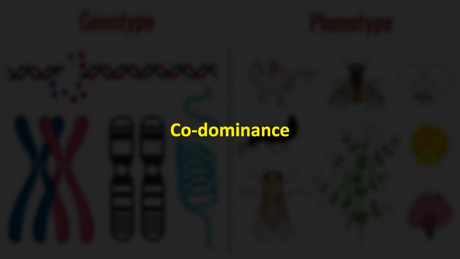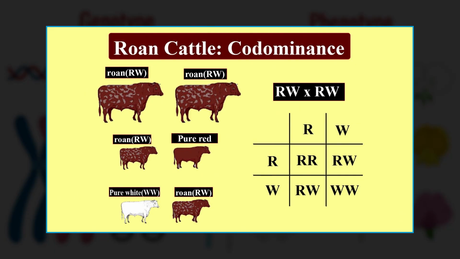Let's discuss codominance. As opposed to partial dominance, codominance occurs when the phenotypes of both parents are simultaneously expressed in the same offspring. Indeed, codominance is the specific term for a system in which an allele from each homozygote parent combines in the offspring and the offspring simultaneously demonstrates both phenotypes.